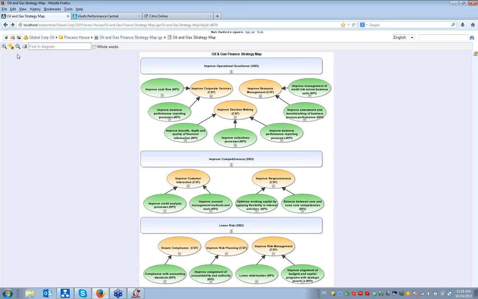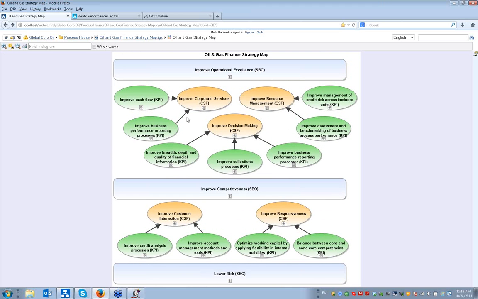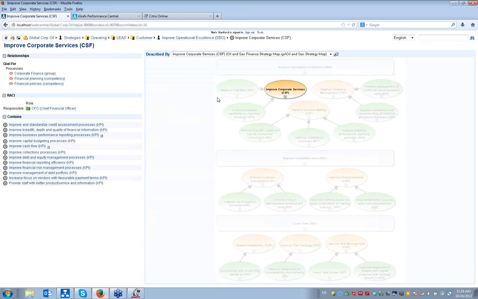Also, critical success factors such as improved corporate services and key performance indicators such as improved cash flow or improved business performance reporting processes. This graphical representation is linked to show alignment to business models, to process models, and other analysis that we perform.